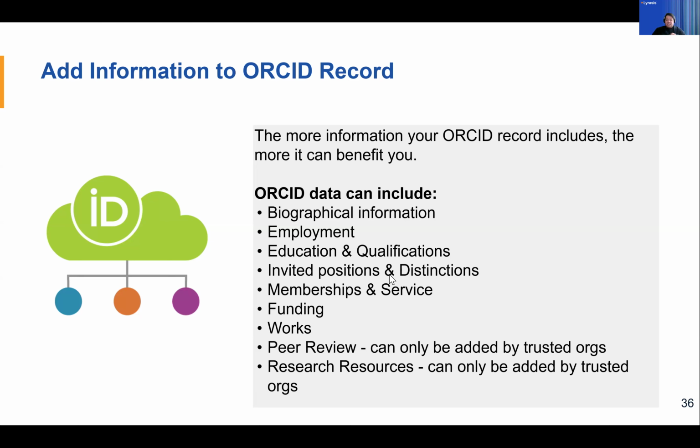The other two at the bottom, peer review and research resources, can only be written by trusted organizations. So if you don't have a peer review activity, or have not used research resources, those sections are not going to show up in your ORCID record. Just keep that in mind.